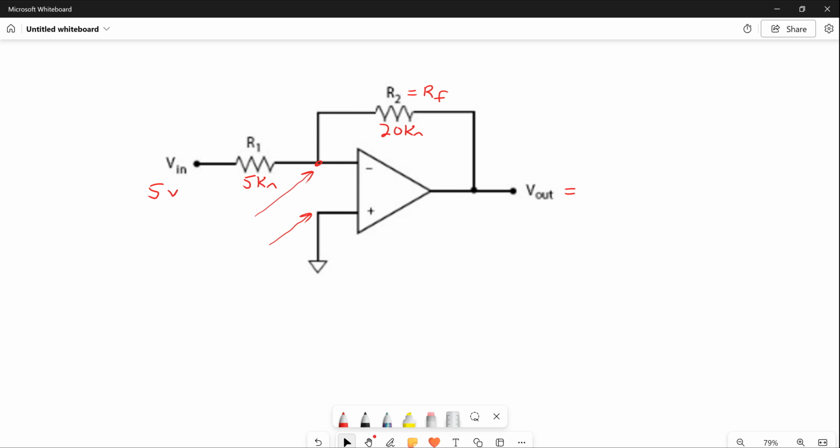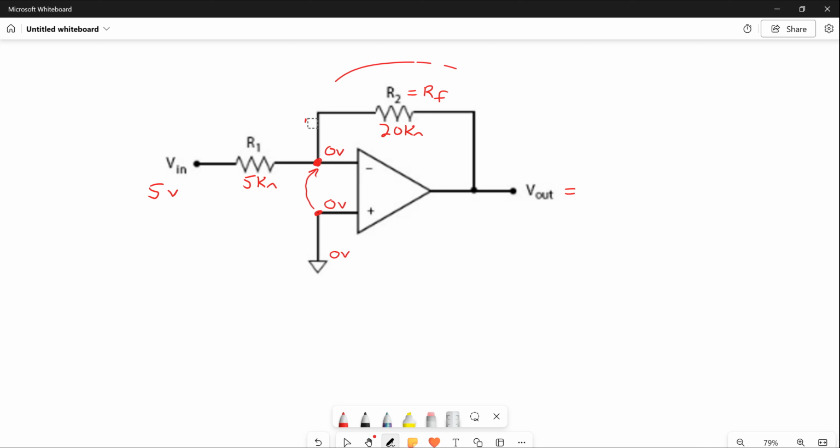Well, I think you can look at that and say, this is your ground reference of 0 volts. So the only voltage you know for sure is that point there at the plus input, and that's 0 volts. You're going to project that over to here, and you're going to make that point 0 volts also. That's why that feedback resistor's in there. It's to make that happen. The op amp will make that happen.